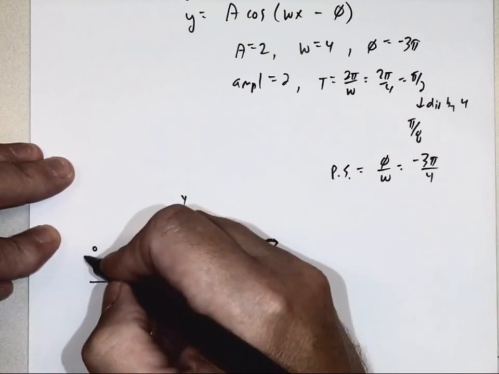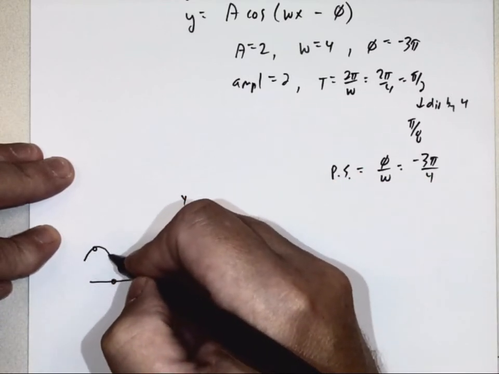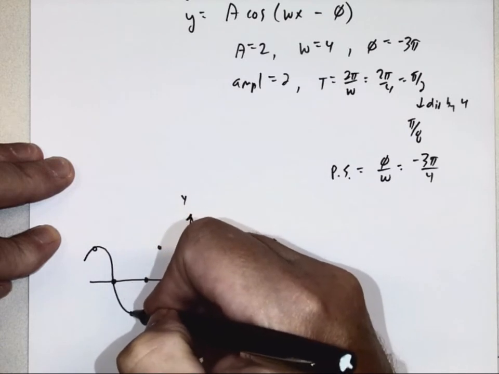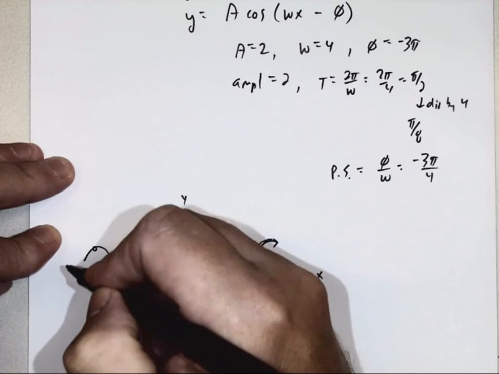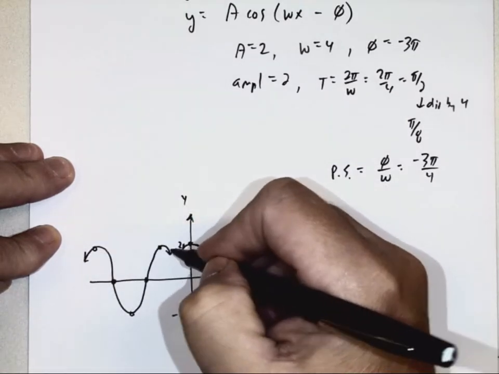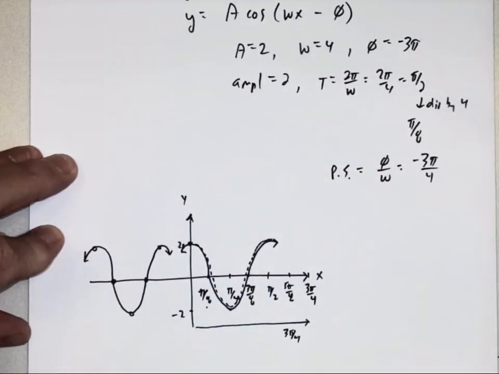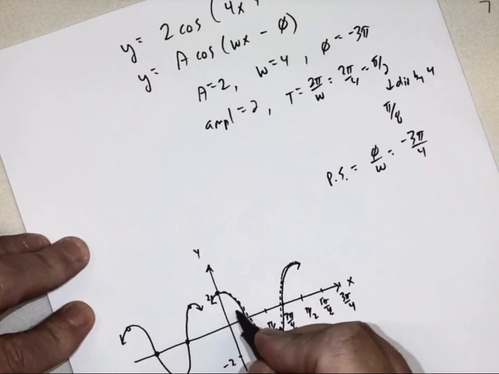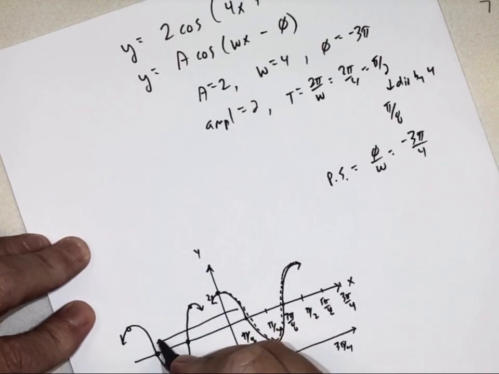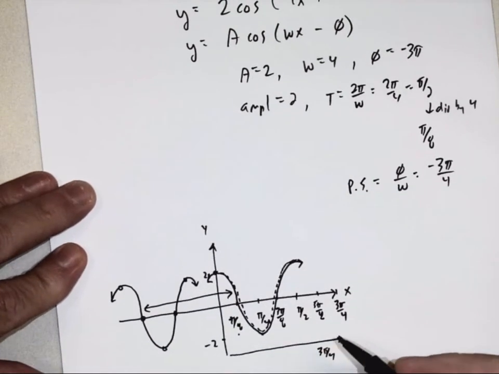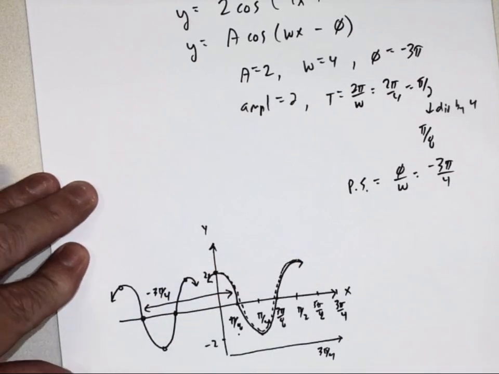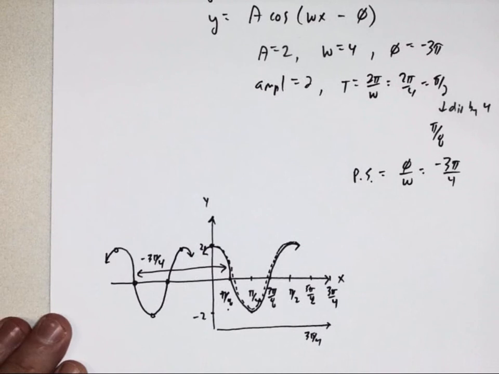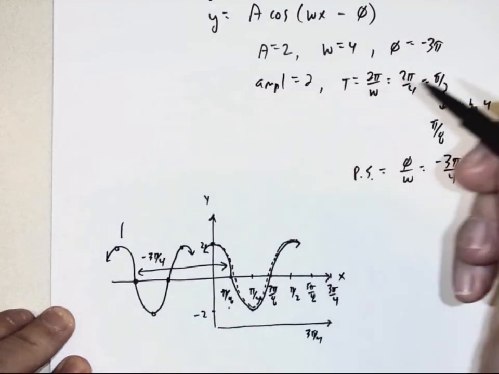So then, from here to here is my phase shift, negative 3 pi over 4. So this actually is my final graph.